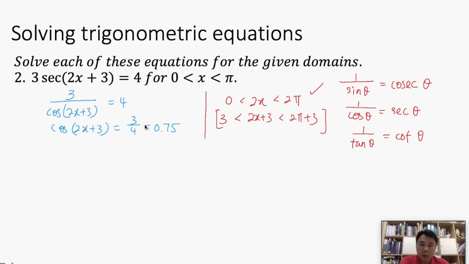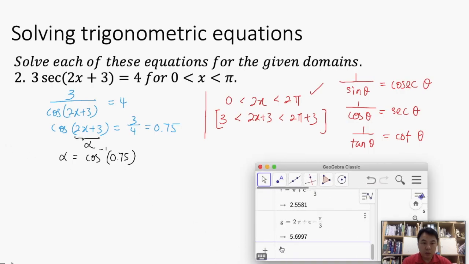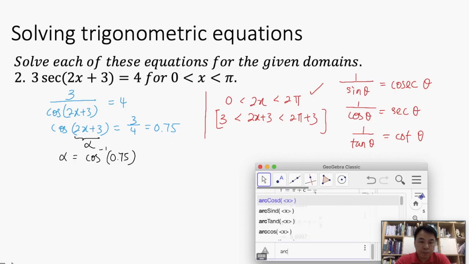As usual, maybe it's best to label this as alpha. So we look at how I am going to find out alpha in this case. The reference angle, I'm going to take arc cos 0.75. As usual, I need my calculator on this. Did I key the correct one?